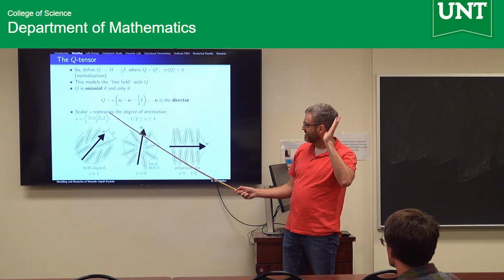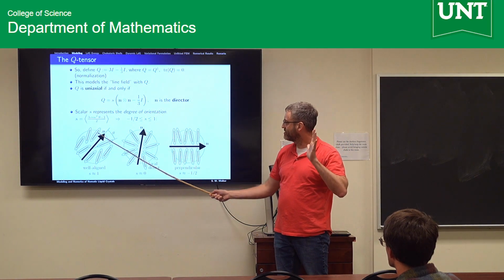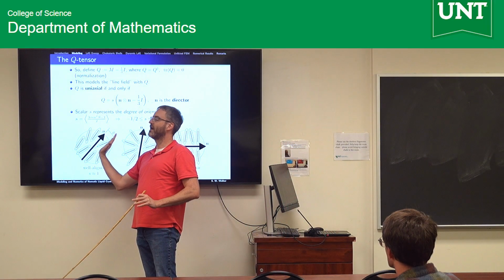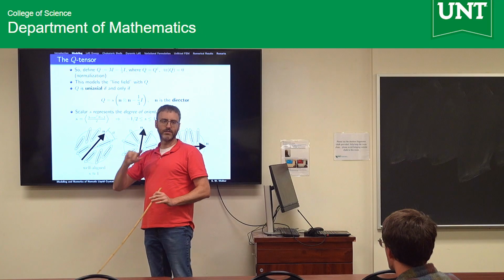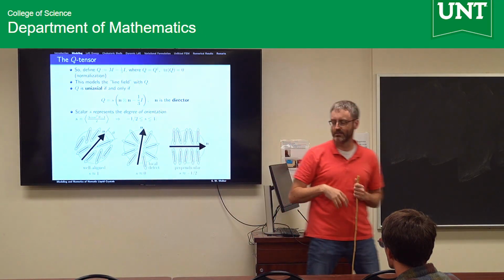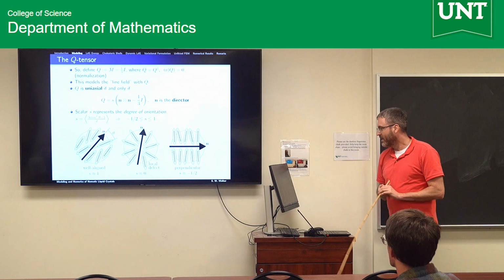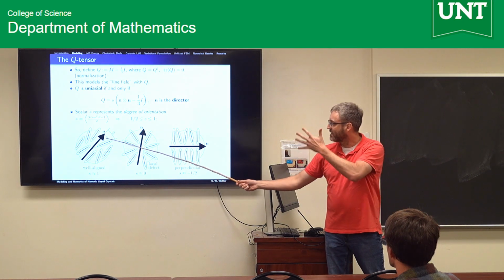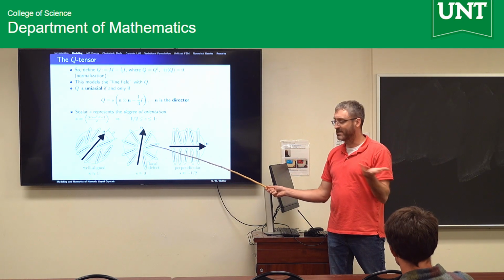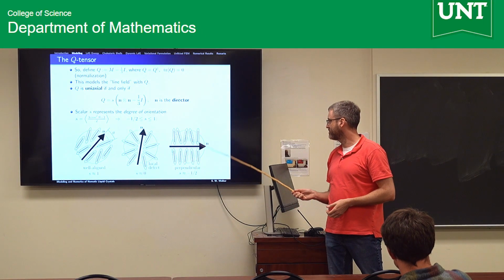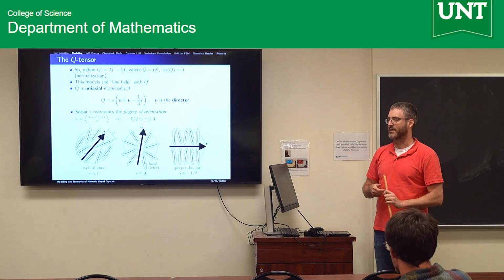This N is like the averaged N, and S is measuring how well aligned the individual molecules are with the average N. That's called the degree of orientation. If S is close to 1, they're well aligned. If it's 0, that's a defect, meaning there's no net direction. And if it's -0.5, they're orthogonal.